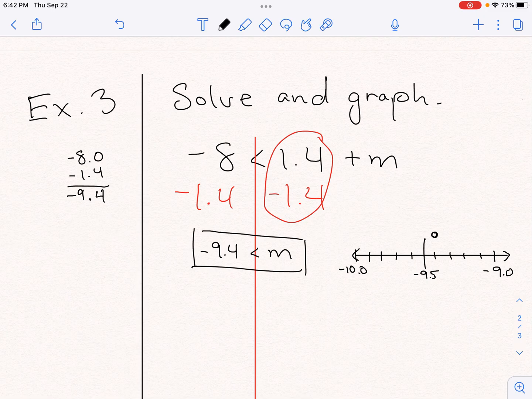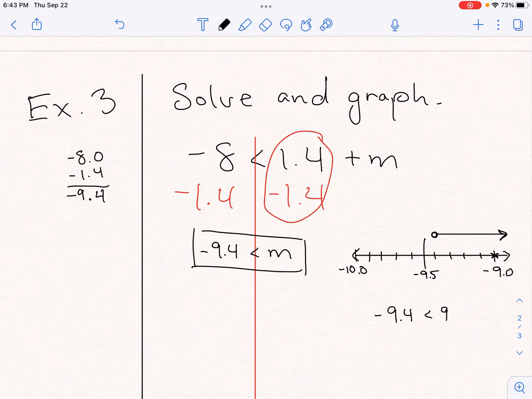So think of all the numbers, since this negative 9.4 has got to be the lowest number of all the numbers in the solution set. If it's the smallest one, that means I'm going to shade everything to the right here. If I were to pick one of these numbers, you don't have to draw this, I'm going to pick negative 9 here. I'll put an X right here. If I plug this in, is this a true statement?